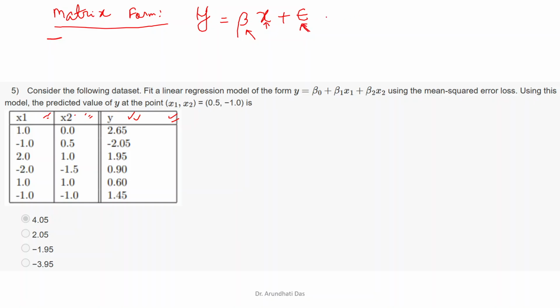So this error value will give us the actual value minus this beta x, which gives the predicted value, right? So that difference will be that error value epsilon. Now when I represent this data set in matrix format for linear regression, it will be like this.